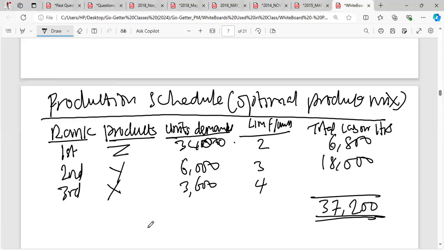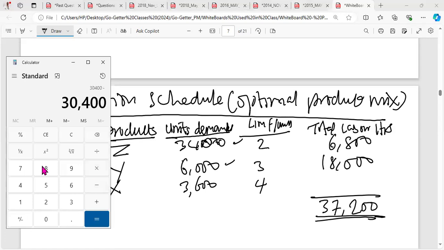If 18,000 is what we need, and we have 30,400 left, we remove 18,000 from it. That means we have 12,400 left.